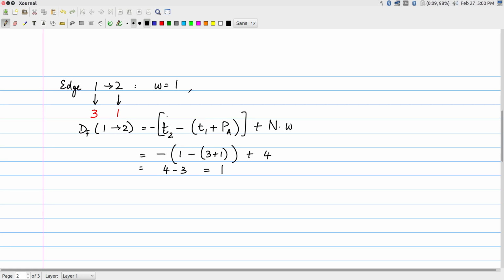T2 is the time when 2 is scheduled. T1 is the time when 1 is scheduled. T1 plus PA is the time when 1 completes and therefore its output is ready. T2 is the time when that value is then consumed. And if there are W delays, then T2 plus N into W is the time when it is consumed.